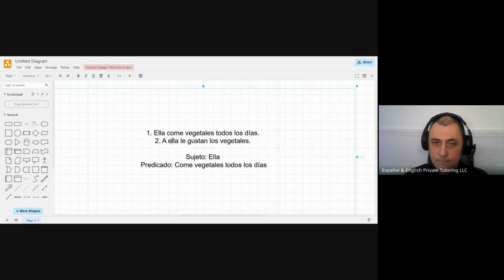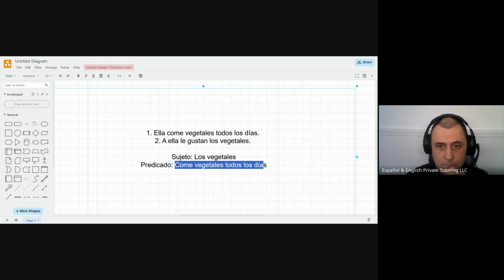Okay. The reason why is because the subject of this sentence is not she. The subject of this sentence is los vegetales. I'm going to put it here. Los vegetales. And the predicate of this sentence is, I guess you guessed it correctly, a ella le gustan.